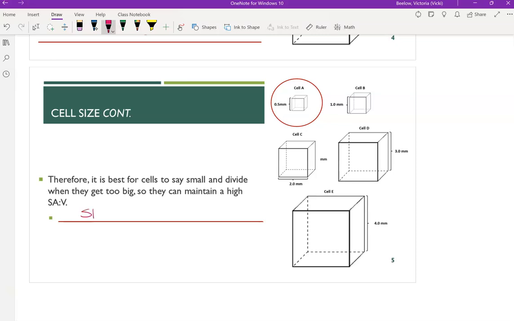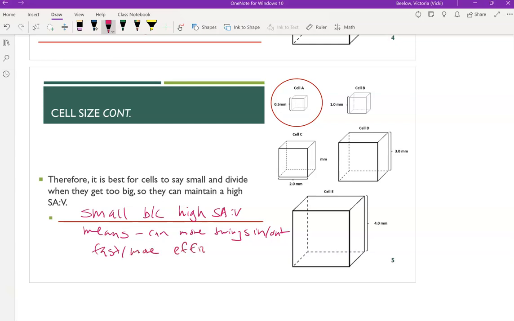It's best for cells to stay small, like cell A, because you have a high surface area to volume ratio, which means you can move things in and out faster and more efficiently.